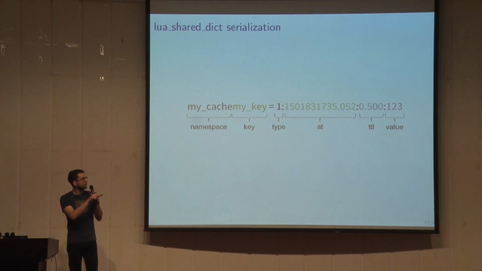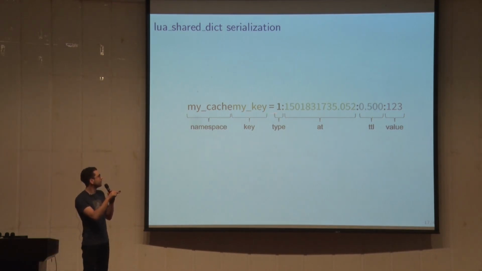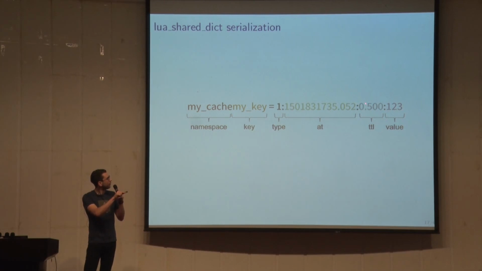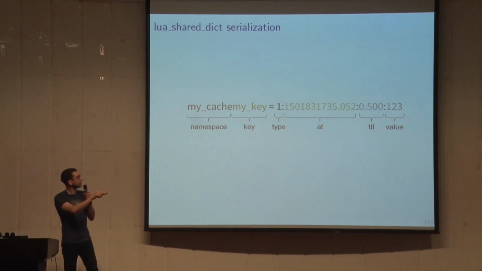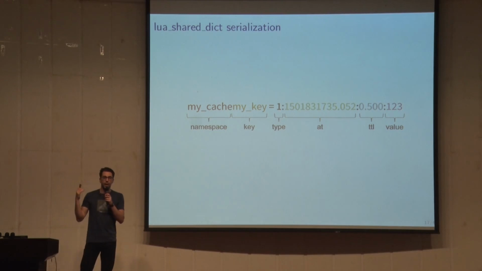This was before the new SHM API. The new SHM API will be used to improve the serialization format here. And we have the TTL that we want to store that value for, and finally the value here. This format can be encoded and decoded and be fully JITable.